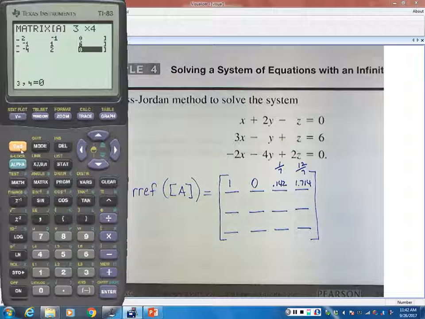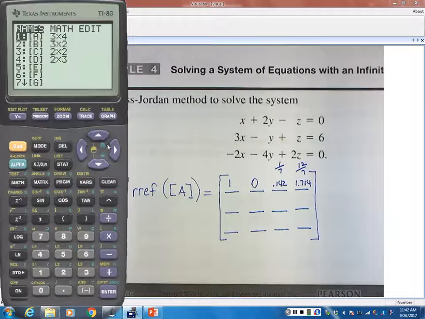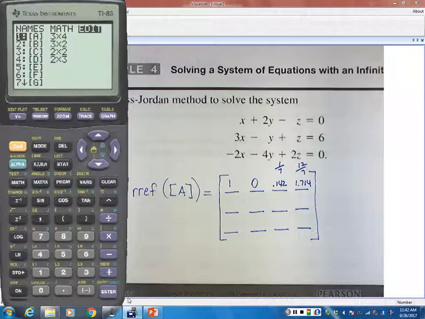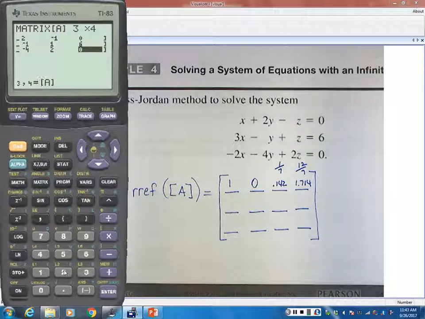Now, matrix, I should print it out to make sure I did it right. That's why I said to quit.